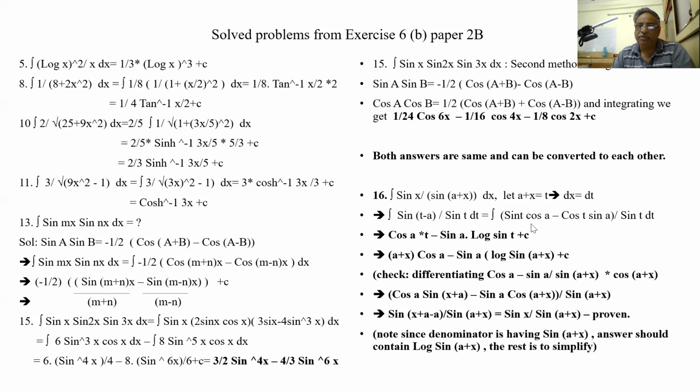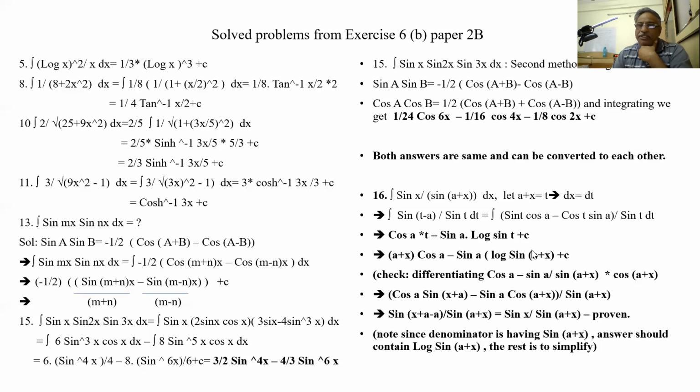Sin(t minus a) can be written as sin t cos a minus cos t sin a, by sin t. So when I simplify it, sin t gets cancelled, cos a remains. The integral of cos a dt is t cos a, minus sin a times cos t by sin t. Cos t by sin t integrates to log of sin t, plus c.